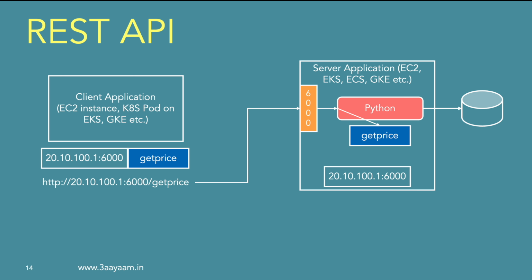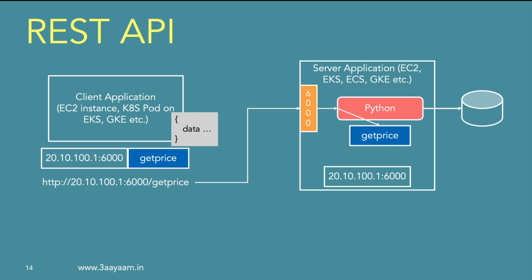The data would be retrieved from the database and sent to the client in JSON format. If there is any data you want to send to this endpoint URL, you have to send it in JSON also. So we are essentially using a REST API.